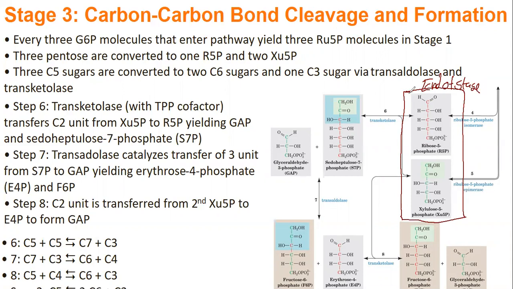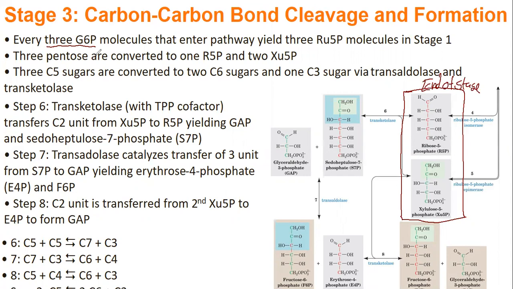Now, when we go over stage 3, we're going to say 3 molecules of glucose 6-phosphate have already entered stage 1 and stage 2, right? So we had 3 glucose 6-phosphates come in. We made 3 ribulose 5-phosphates.